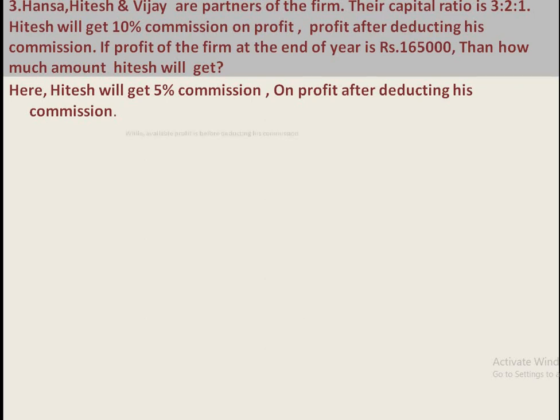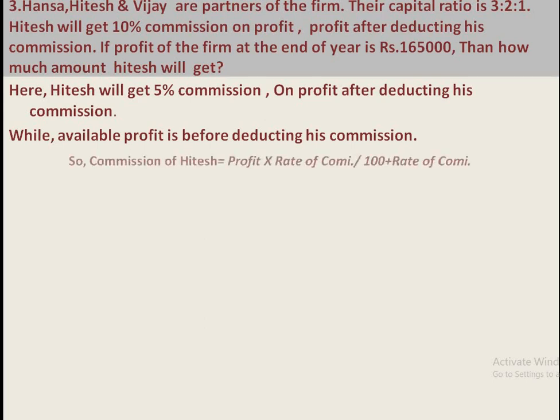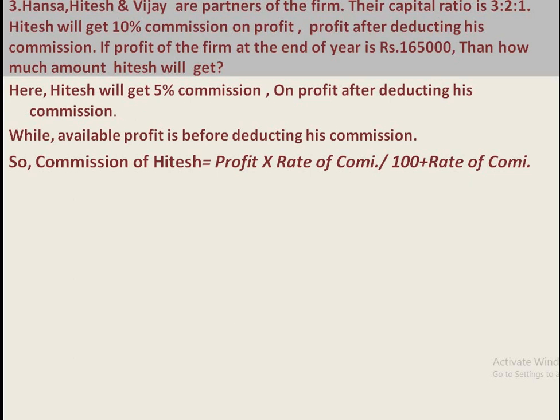While the profit available to you, 1,65,000, is always before deducting his commission. So this is not matching. Rate is said on profit after deducting commission, while available profit is before deducting commission. In this situation, we use the second formula, which is profit into rate of commission divided by 100 plus rate of commission.